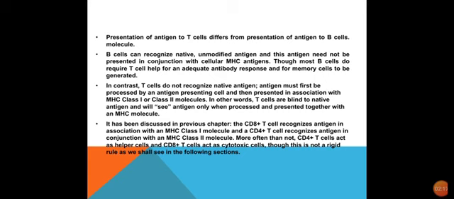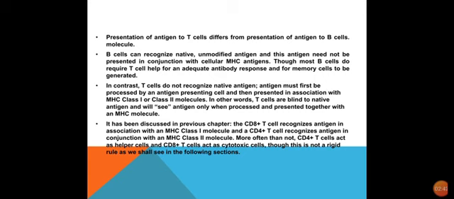B cells can recognize native antigens and modified antigens, and this antigen need not be presented in conjunction with cellular MHC antigens. Though B cells do require T cell help for an adequate antibody response and for memory cells to be generated.